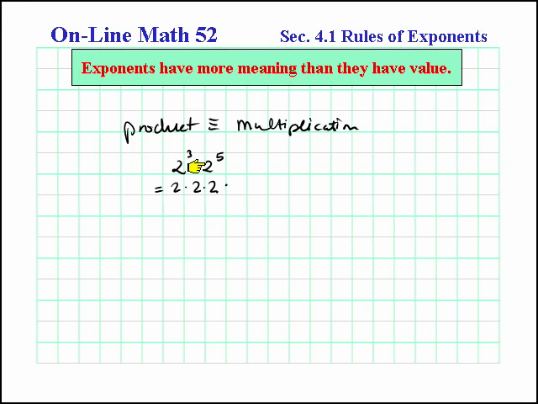That's what this means, right? So let me write those factors down: 2 times 2 times 2 times 2 times 2. So I see the 3 factors of 2, and I see 5 more factors of 2. A total of how many factors of 2? That's right, 8 factors of 2.